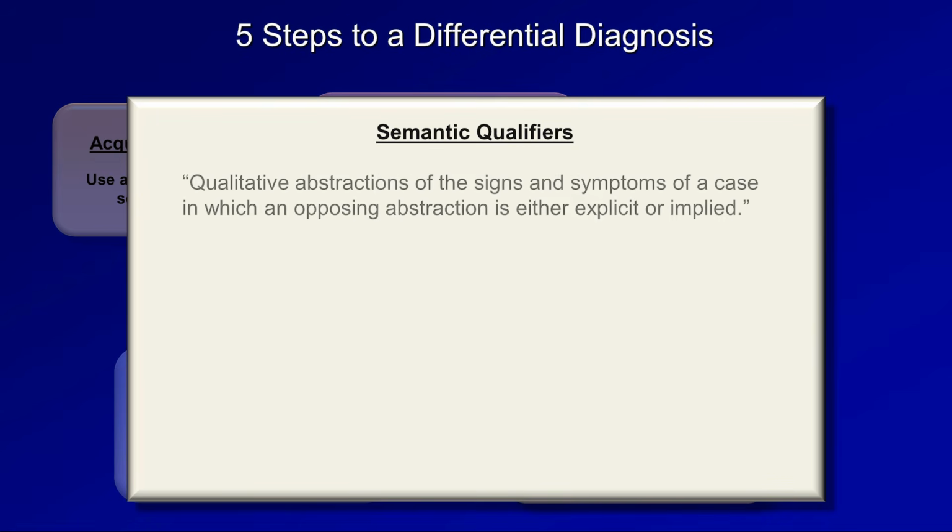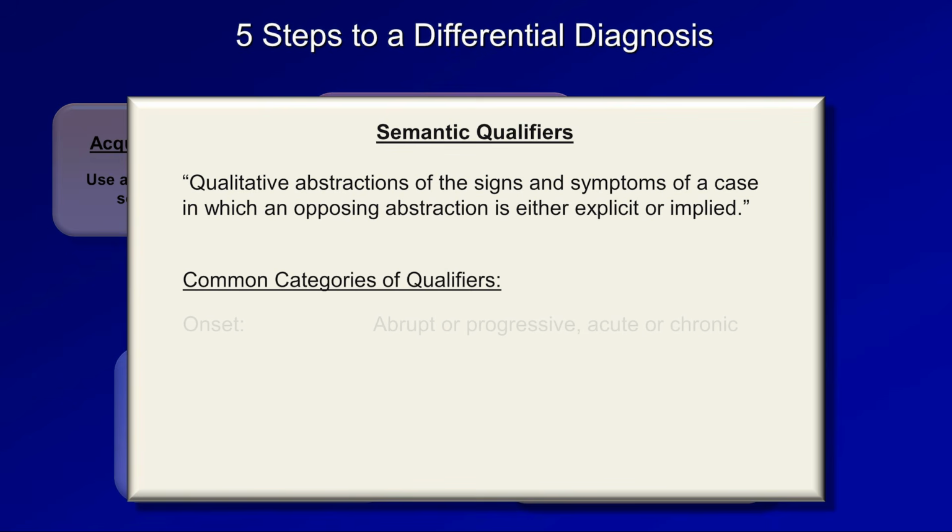Semantic qualifiers are qualitative abstractions of the symptom of a case in which an opposing abstraction is either explicit or implied. They help to reframe a patient's symptom into terms more familiar to the clinician and easier to communicate to others. Common categories of qualifiers include the onset of symptom. For example, was it abrupt or progressive, and acute or chronic?